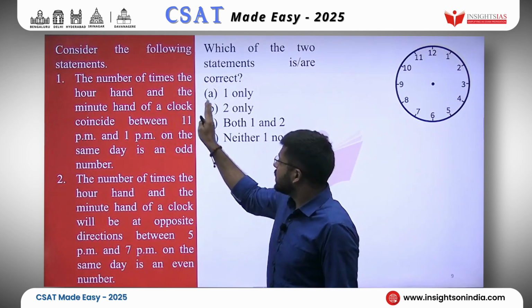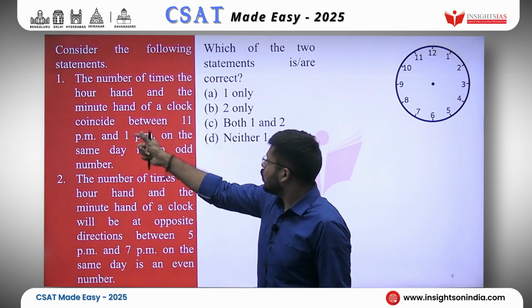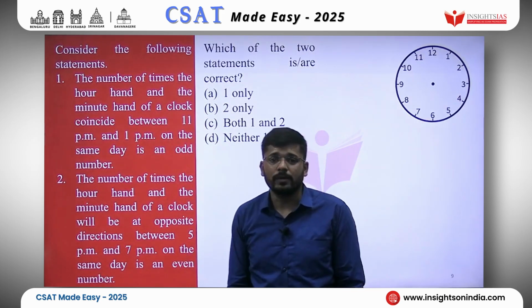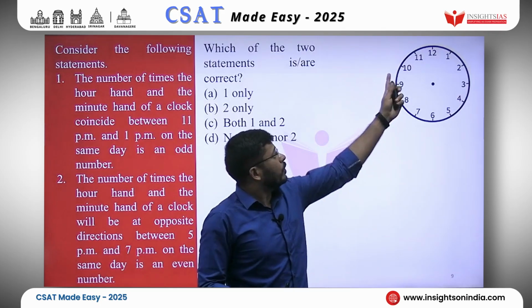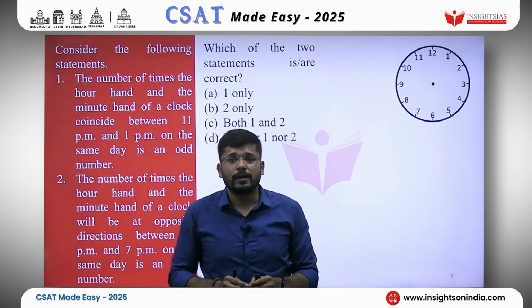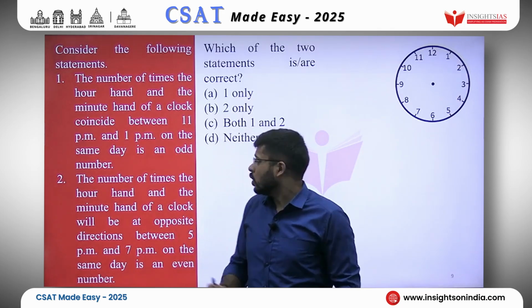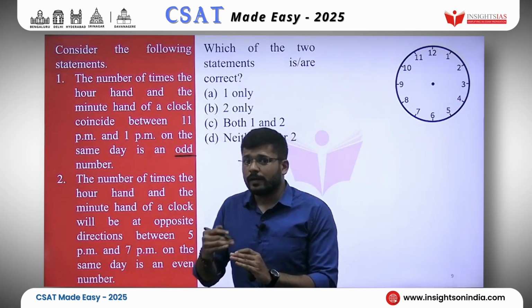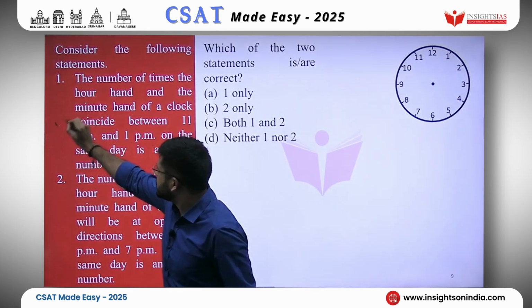The number of times the hour hand and the minute hand of a clock coincide between 11 p.m. and 1 p.m. on the same day is an odd number. We know that between 11 o'clock and 1 o'clock, the minute hand and the hour hand coincide only once, right? And they are asking us, is it an odd number? So, will we think that this is right?